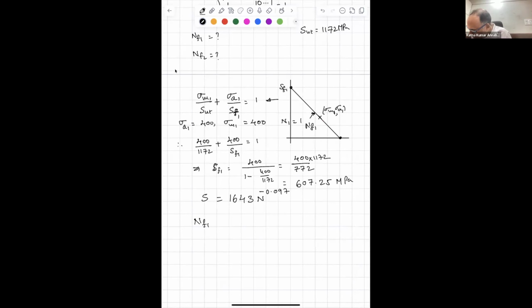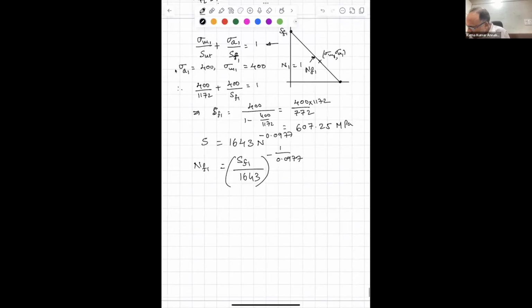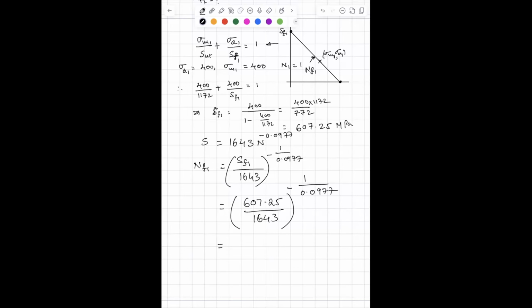So NF1 is equal to SF1 by 1643, whole to the power minus 1 by 0.0977, that is 607.25 divided by 1643, whole to the power minus 1 by 0.0977. What will that be? 26,574.